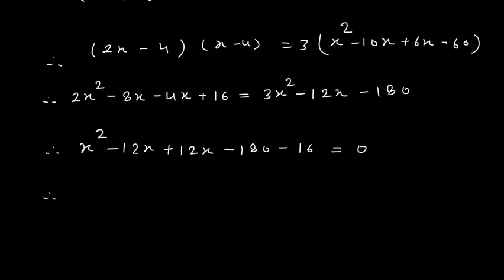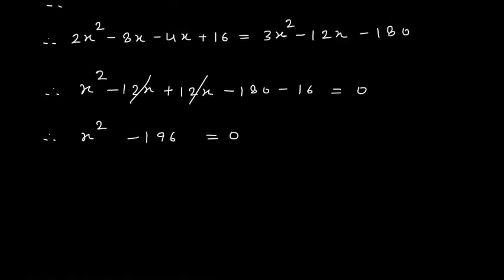So therefore we have x square, minus 12x plus 12x will cancel, and minus 180 minus 16 is minus 196 is equal to 0. So this 196 is square of 14, right? 14 square is 196. So we can write this as x square minus 14 square is equal to 0. So therefore we have a square minus b square, what is it? (a minus b) into (a plus b).